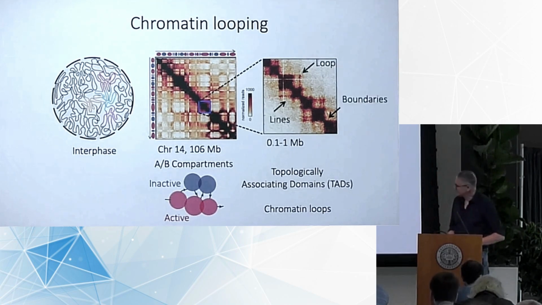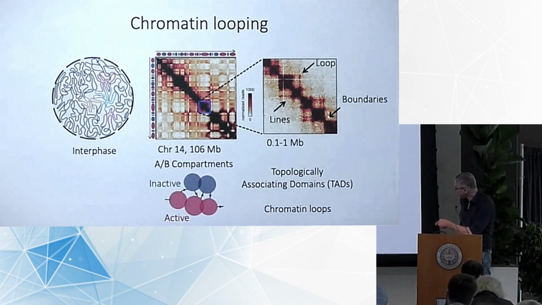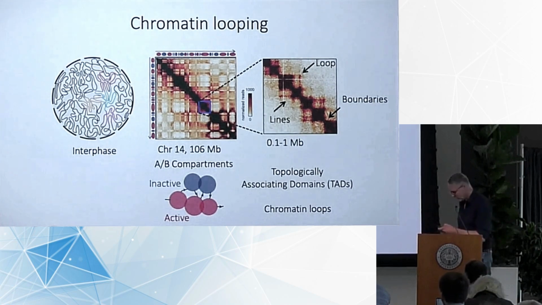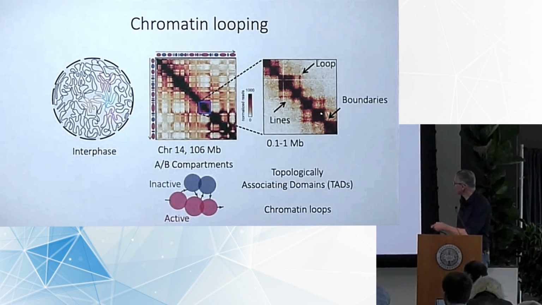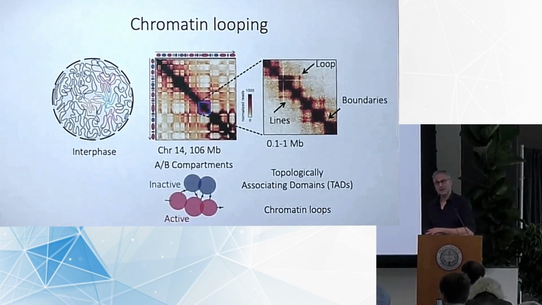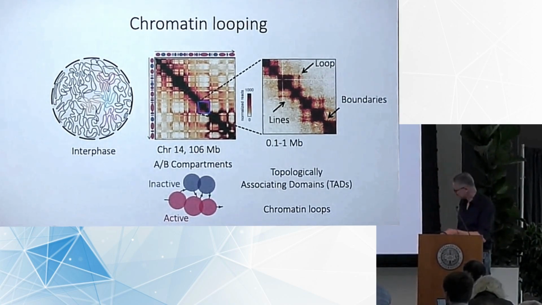There are domain boundaries, and of course these are often bound by CTCF, but there are also loops, which are point-to-point interactions in these contact maps, and there are line-like features. Initially when you look at this, you would think these are lots of different structures, and I will probably need lots of different mechanisms to explain them. And it turns out you only need one mechanism. Okay? And this is the common theme in this presentation today.